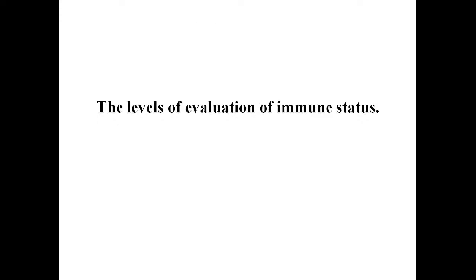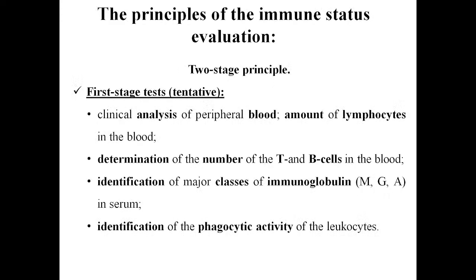Levels of evaluation of immune status. So there are two stages of tests that are used for evaluation of immune status. First stage tests are tentative. Tentative means they are made when we suspect immunodeficiency in a patient.